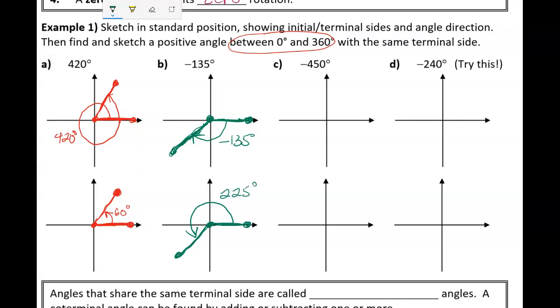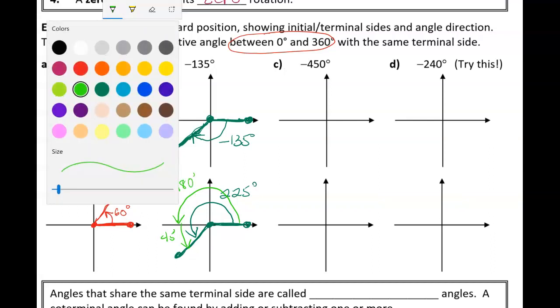Remember, to rotate into quadrant 3 above, we rotated 90 plus an additional 45 degrees, so we're 45 degrees into quadrant 3. If we go in a positive direction, we're going to go 180 degrees plus an extra 45. So 180 plus 45 is 225.